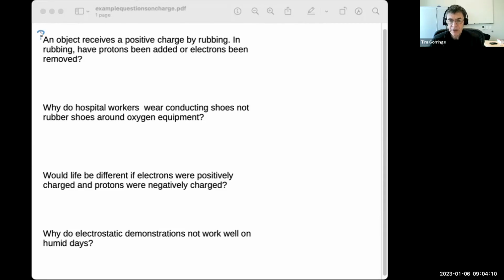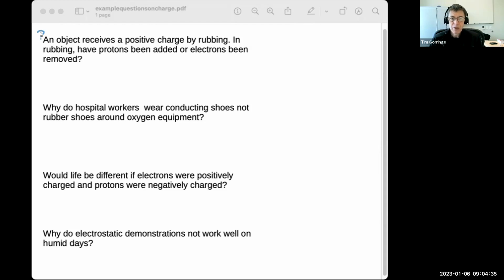Well, the answer is that electrons have been removed from that object by rubbing, rather than protons being added to that object by rubbing. And it's generally true that when you charge something by rubbing, it always involves the transfer of electrons and doesn't involve the transfer of protons.